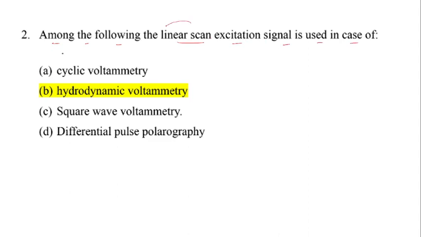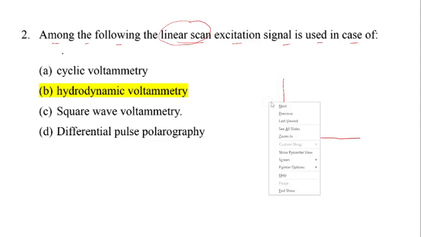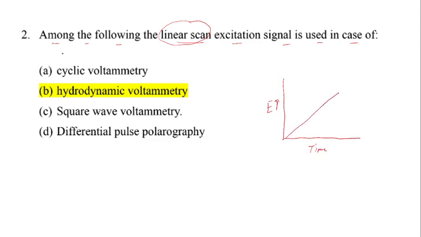What is a linear scan first of all? I have already explained, but let me explain one more time. Suppose this is the voltage with respect to time, and it is linearly increased.